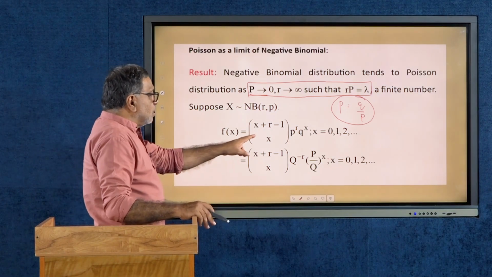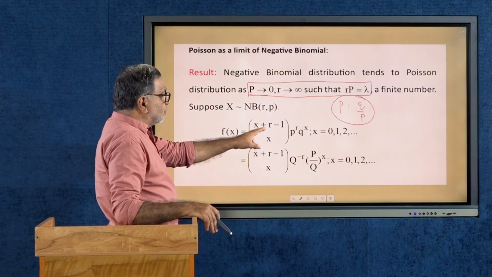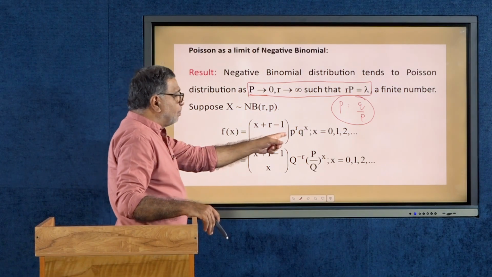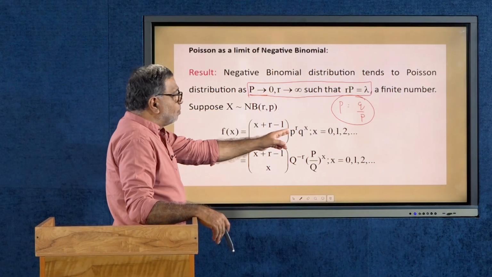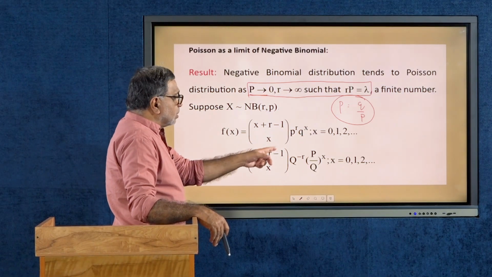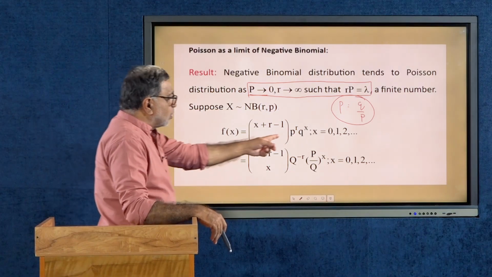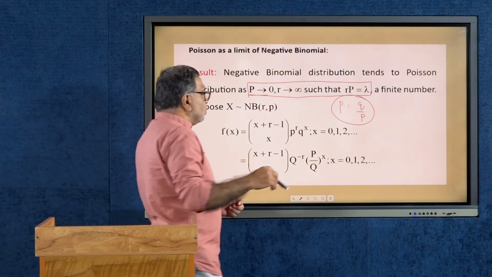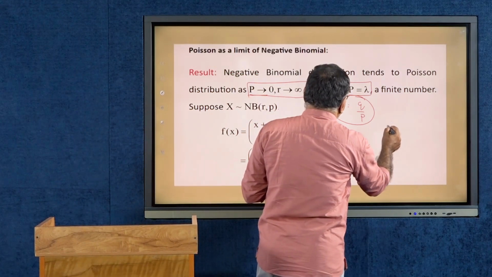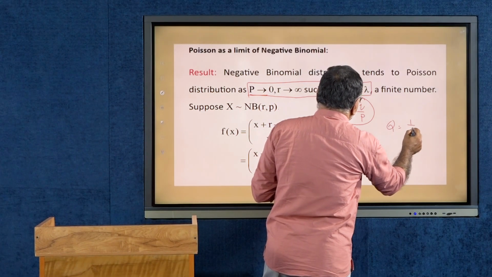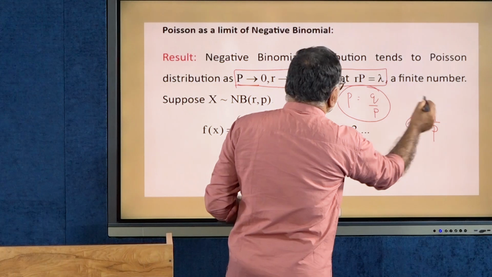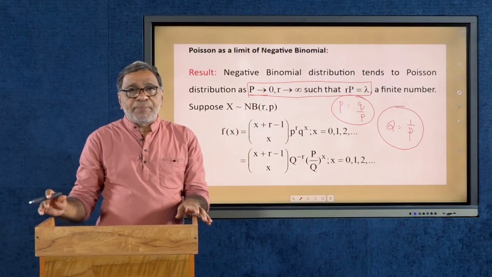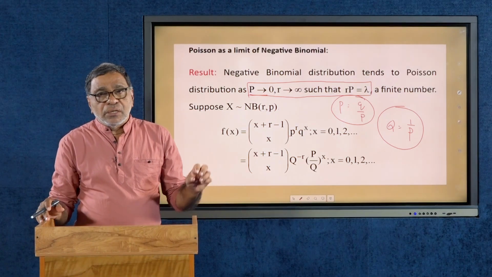So, this is the probability mass function of the negative binomial random variable: x plus r minus 1 C x, p power r, q power x. Let us change small letter p and small letter q in terms of the new variables. Q is equal to 1 by P, so these two variables, capital P and capital Q, are like this.